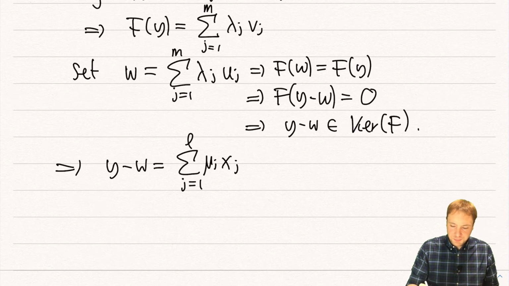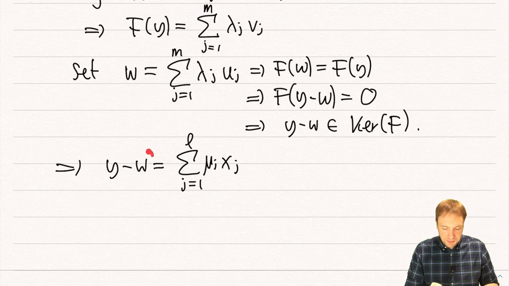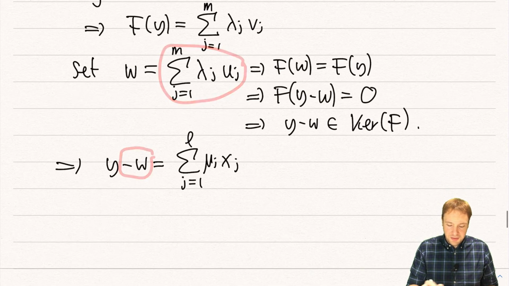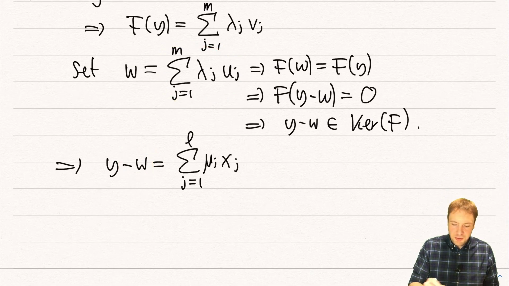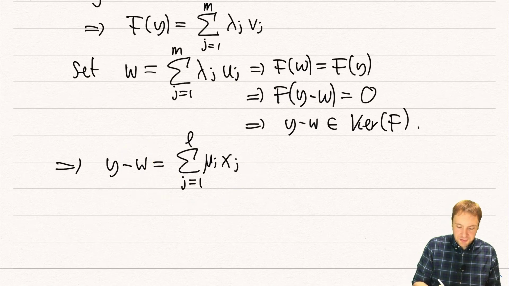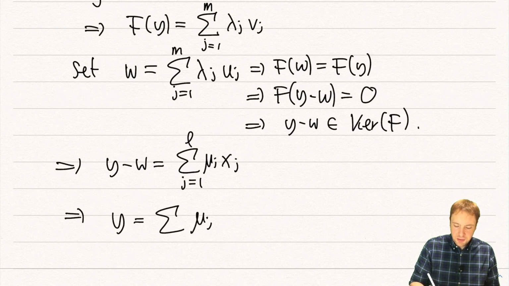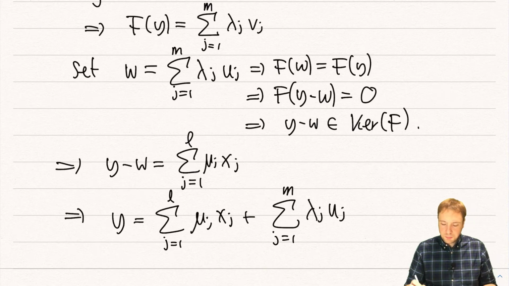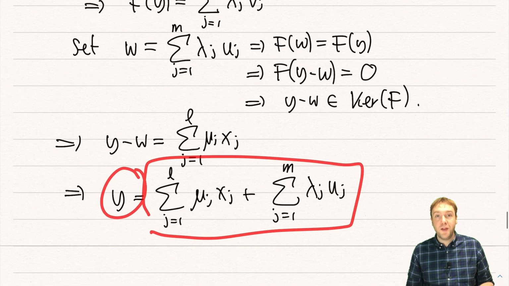But this now means that w is a linear combination of these u's, and therefore if we bring w to this side here, what we get is that y is this linear combination of these x plus these linear combinations of the u's. And therefore y can be written as a linear combination of x and u.